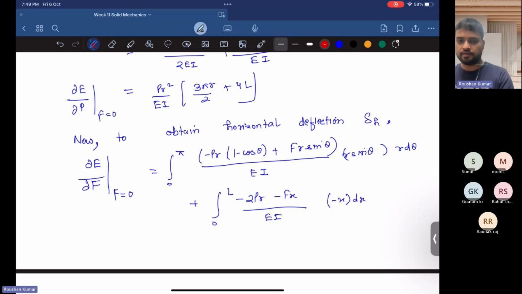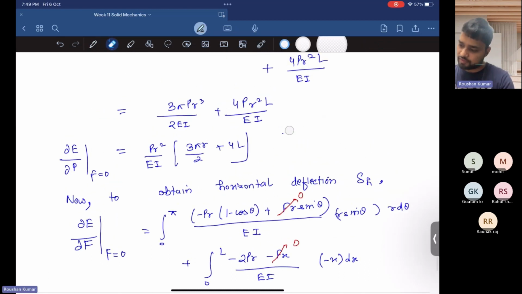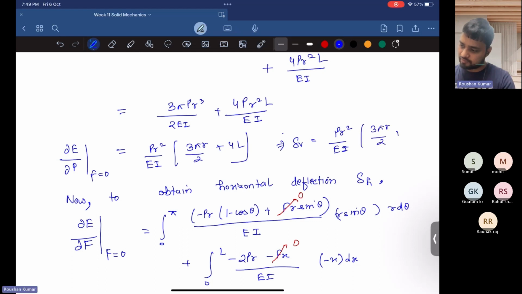Now we have taken the derivative of energy with respect to F. Now we will put the value of F to be 0, so this will cancel out. Now del E by del F will become, so actually this is the value of vertical deflection, PR square upon EI (3 pi R upon 2 plus 4L).